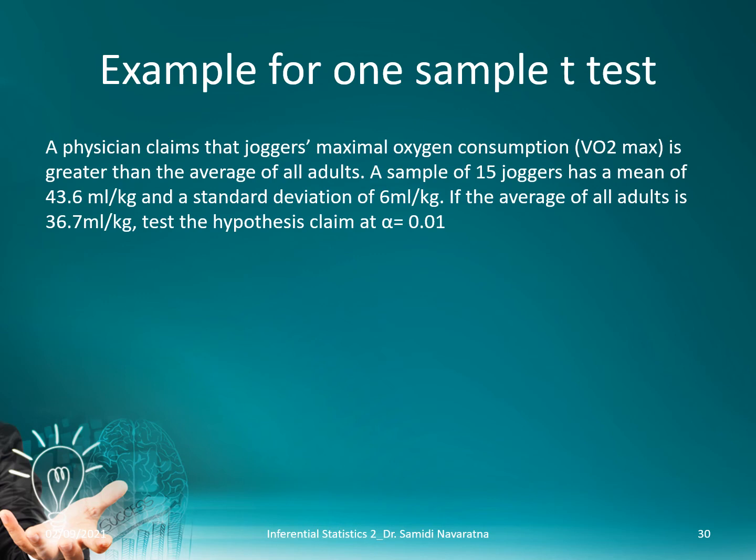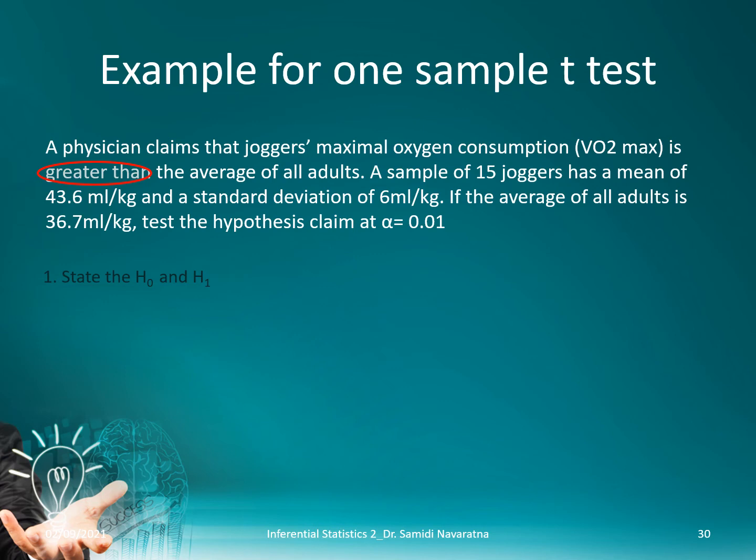0.01. So the first step is to state the null hypothesis and the alternative hypothesis. For that, we have to focus on this statement that VO2 max is greater than the average adult.